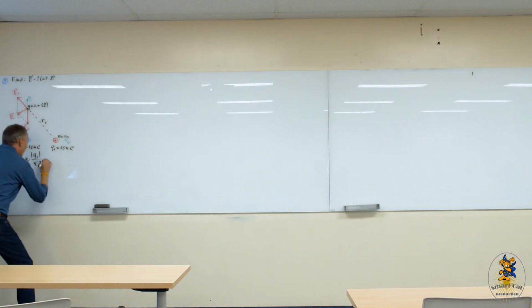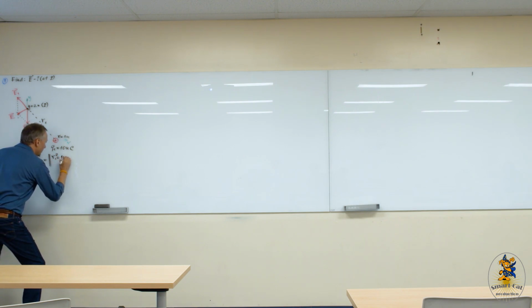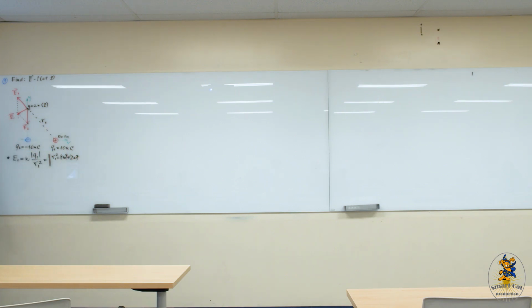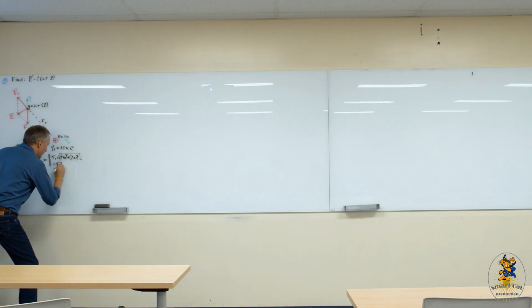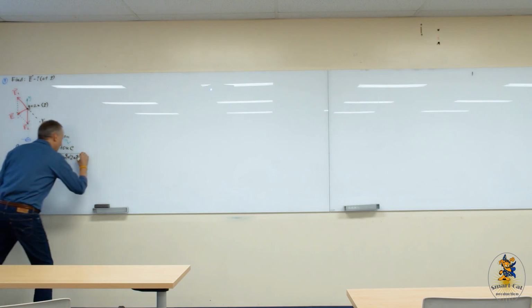So I will open my explanation box and write that R1 squared equals 1 meter squared plus 2 meters squared. So it will be square root of 5 meters. Right, so that's R1.